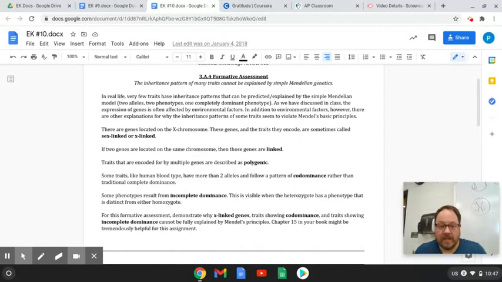So genes that are X-linked aren't going to show that same pattern of inheritance because it'll affect males and females differently. Genes that are codominant don't match Mendelian patterns because both genes can be expressed at the same time rather than one masking another. And with incomplete dominance, you wind up with a third phenotypic option because some of the protein's being produced, so you wind up with an in-between phenotype.